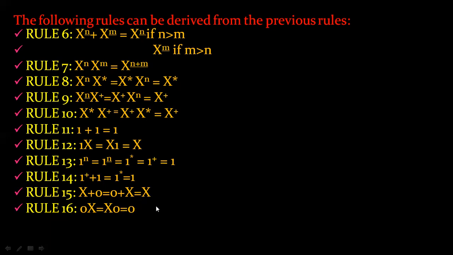So all these are the rules. This particular rule says that preceding a set of paths by a path of 0 length does not change the set. No matter how often we traverse the path of 0 length, it is still a path of 0 length.